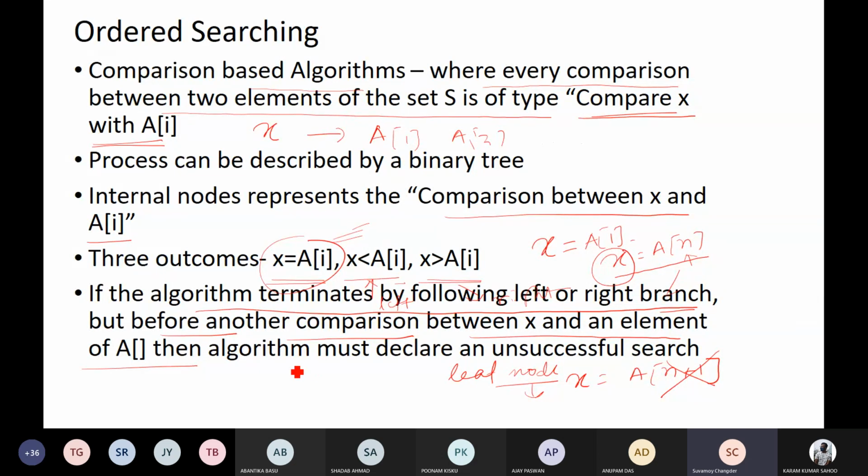So the algorithm should declare that the search is unsuccessful. Not the algorithm is unsuccessful, the searching is unsuccessful. So if we follow this to draw the comparison tree of searching, then we can find the lower bound for the searching algorithm.